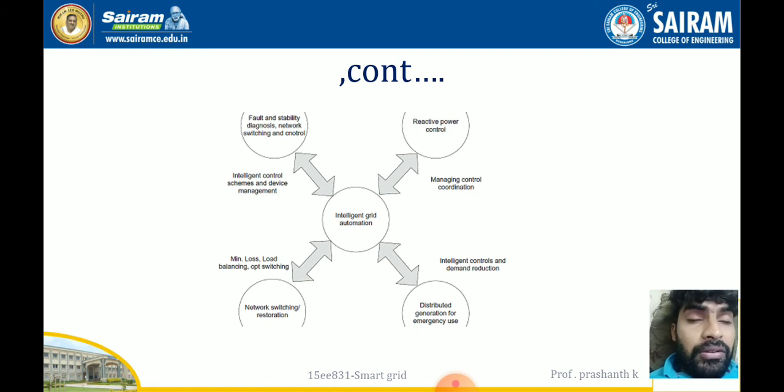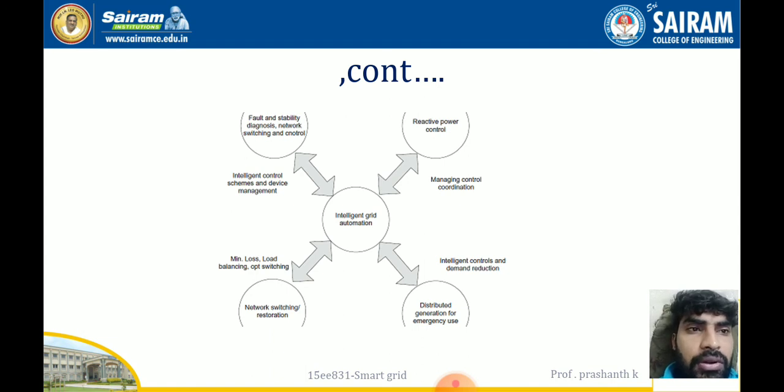Some consumers demand more power but waste the supply, so that must be monitored and controlled. Minimum loss, load balancing, optimal switching. So minimize the losses, loads, and everything. If we minimize, definitely efficiency will increase, right?